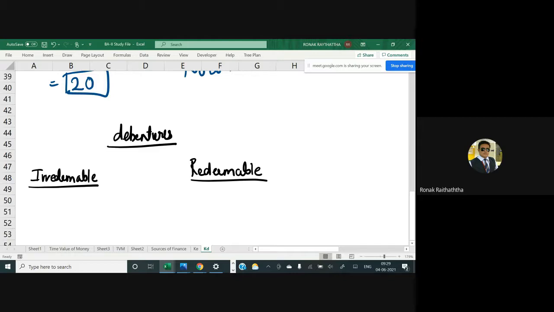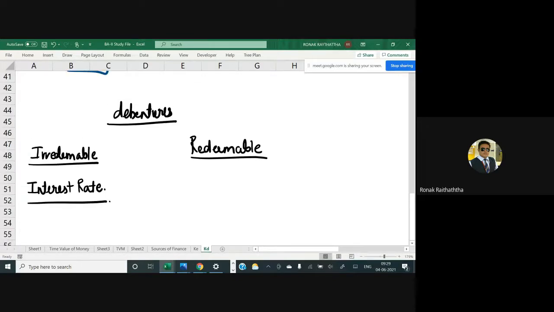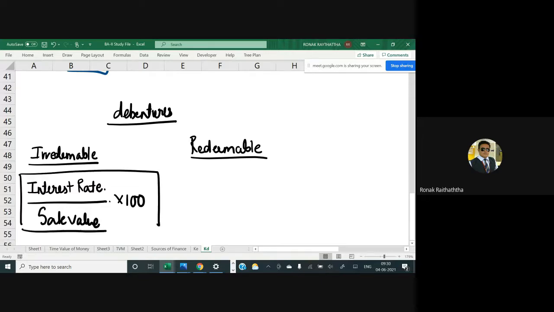You don't know the number of years at all. So again, the irredeemable becomes very easy. It is straight away the interest rate divided by the sell value multiplied by 100. So you get the irredeemable KD.